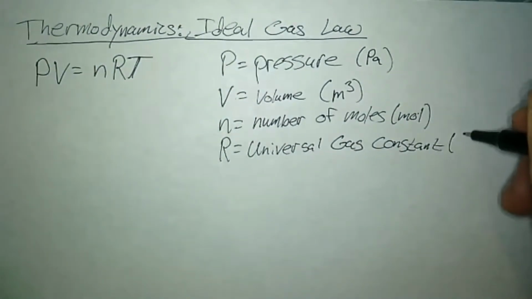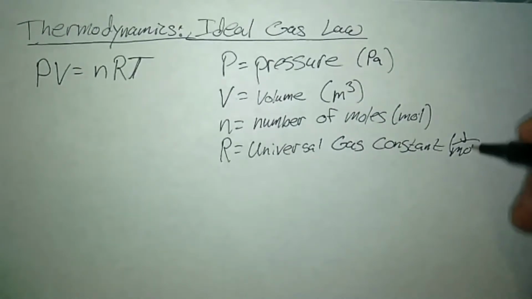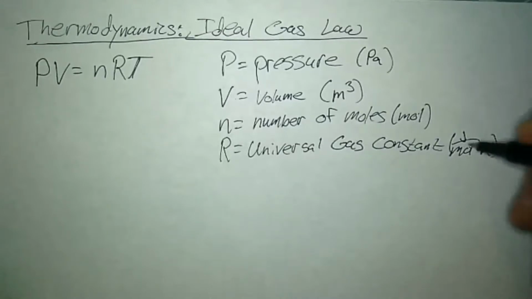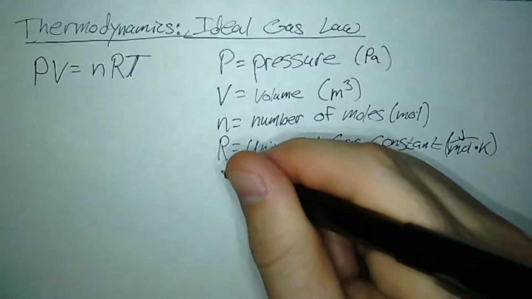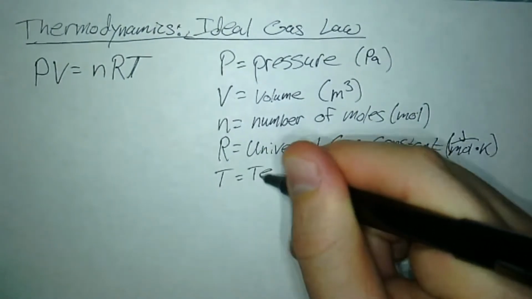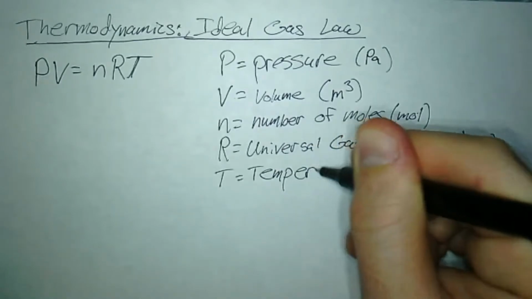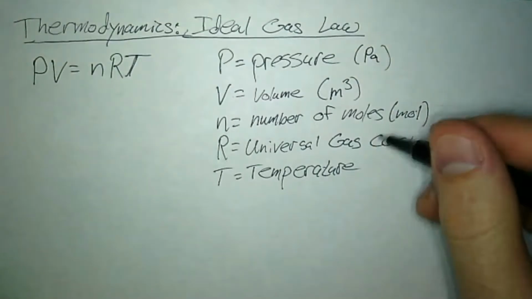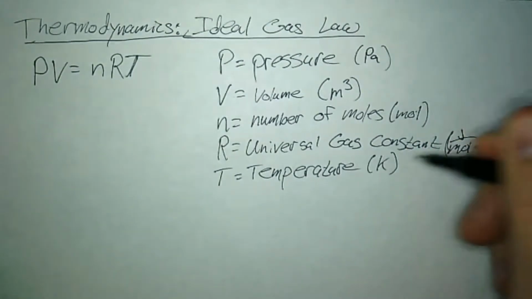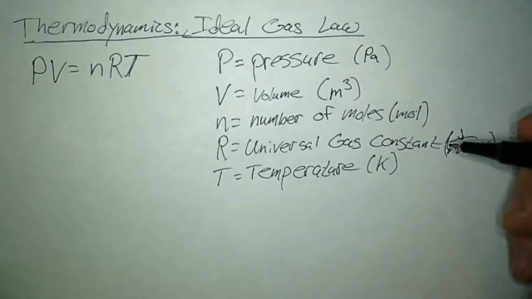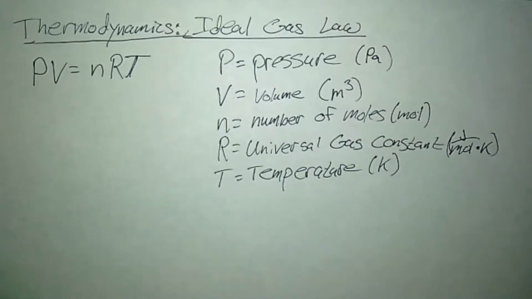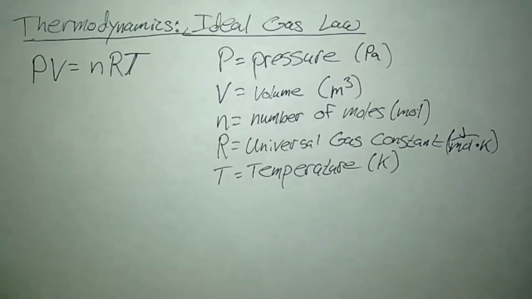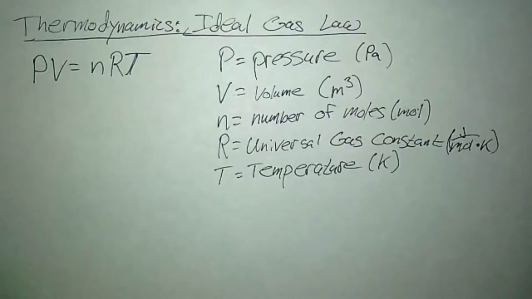Universal gas constant has units of joules per mole Kelvin. And then finally, temperature, which is in Kelvin. So if you guys have taken chemistry before, you're probably familiar with this law already. And this isn't going to be too different from what you've done before.